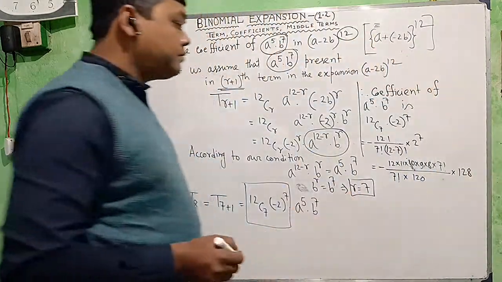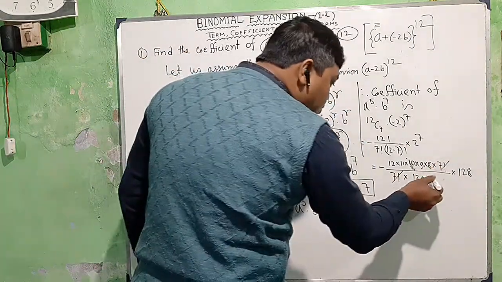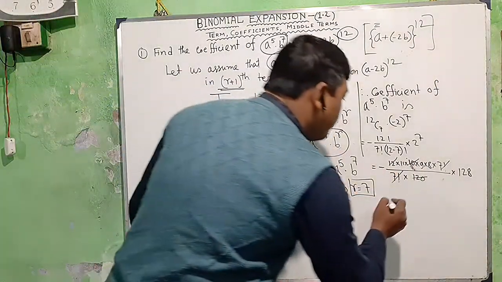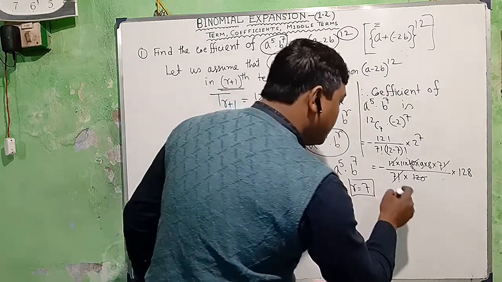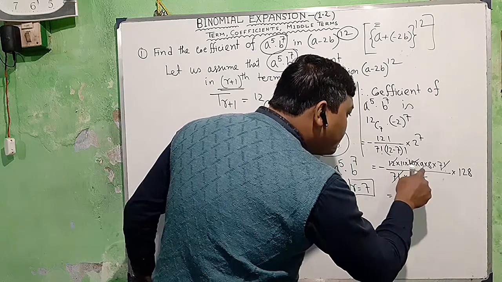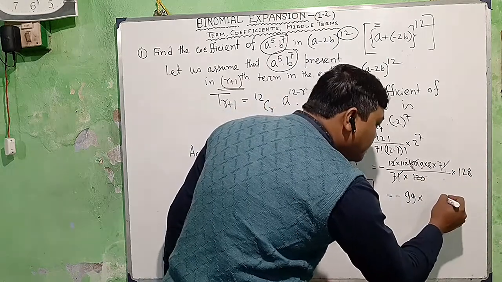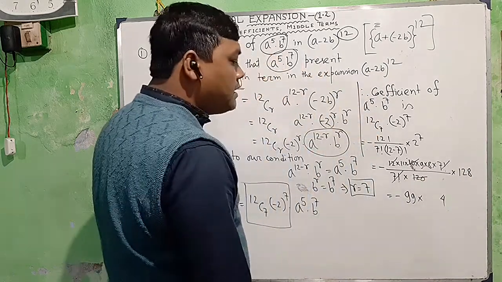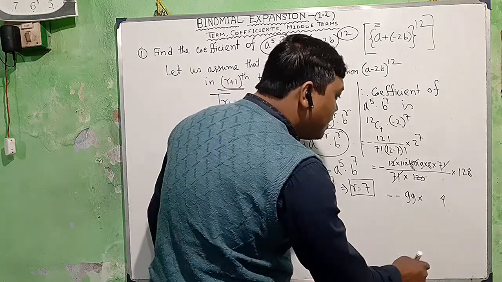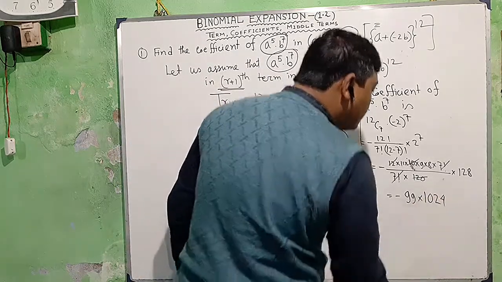So 7 factorial is cancelled, and 12 and 10 cancelled. Okay, so we have gotten minus 99 into 11 into 9, that is 99, and after multiplication 8 and 128, 8 into 8 is 64.